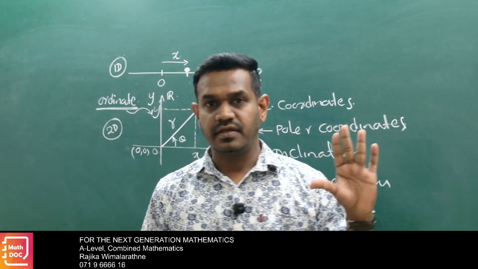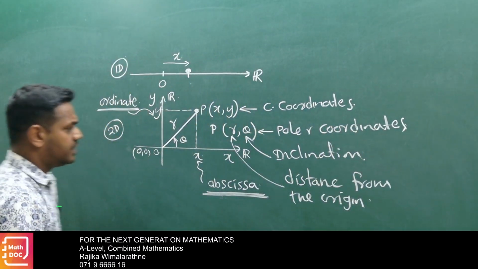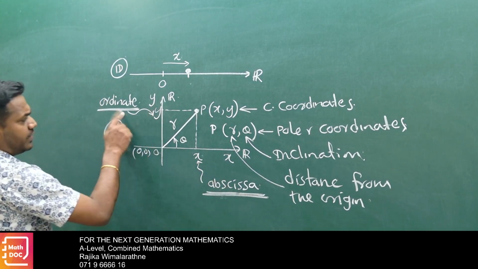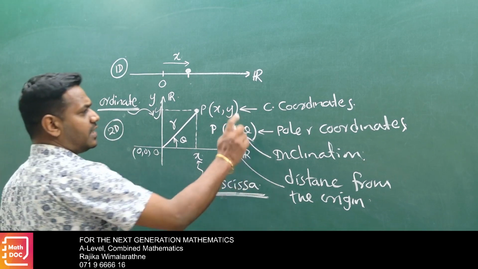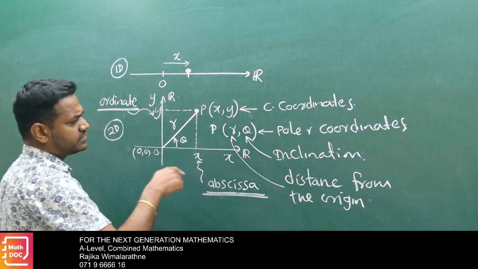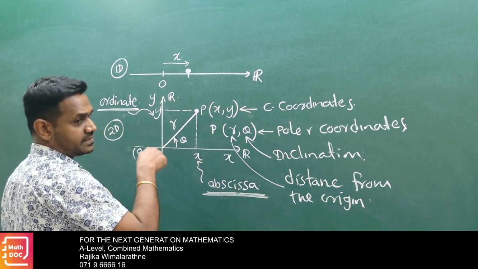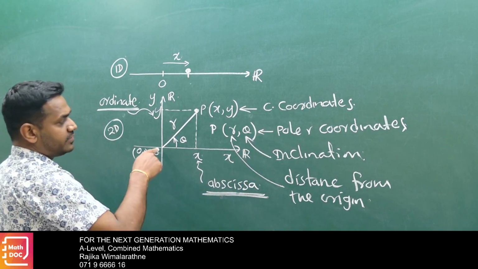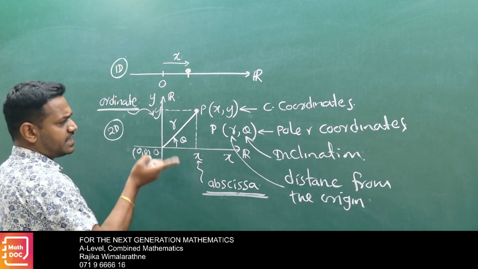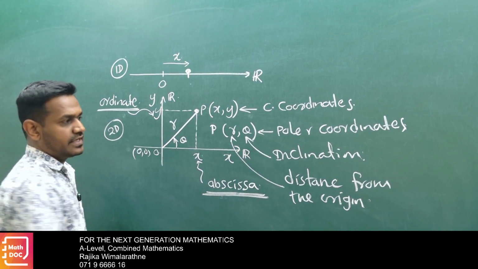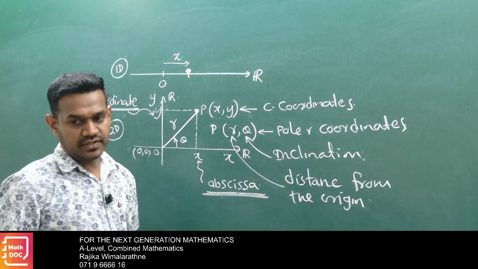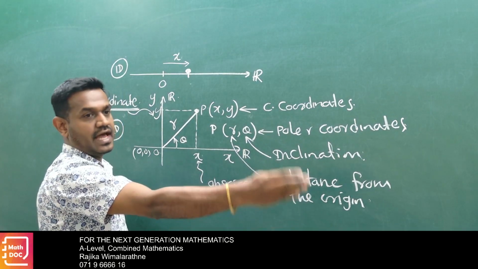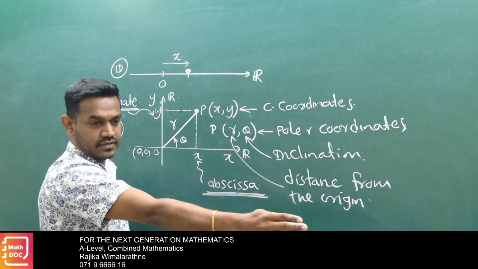Okay, now check it again. The x coordinate we call abscissa, the y coordinate we call ordinate, and here the Cartesian coordinate is x comma y. So we need horizontal and vertical displacements. Here, polar coordinate: we need the distance from the origin and the inclination of that. For inclination, we take the positive direction of the x-axis and measure the angle in the anti-clockwise sense, not clockwise.